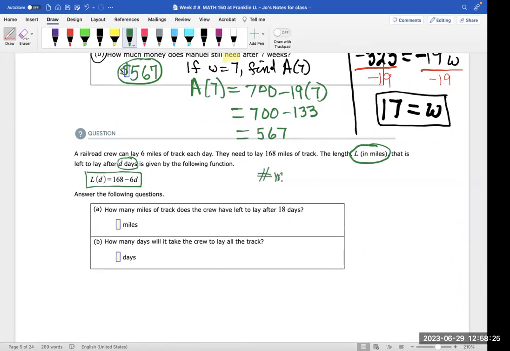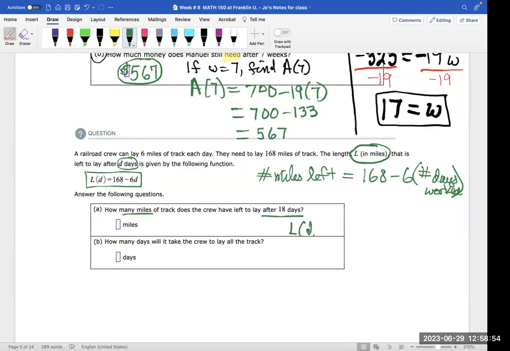So the number of miles left is going to equal 168 minus 6 times the number of days worked. How many miles of track are left after 18 days?